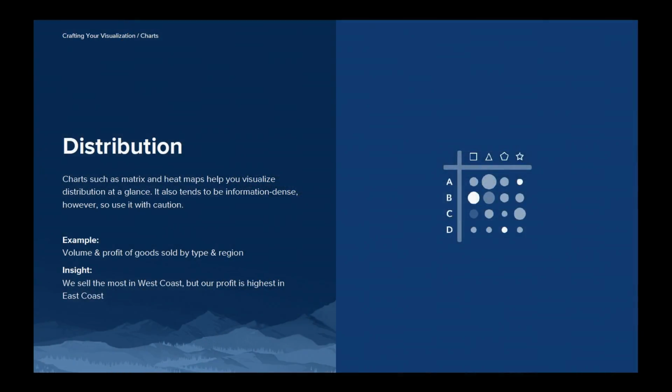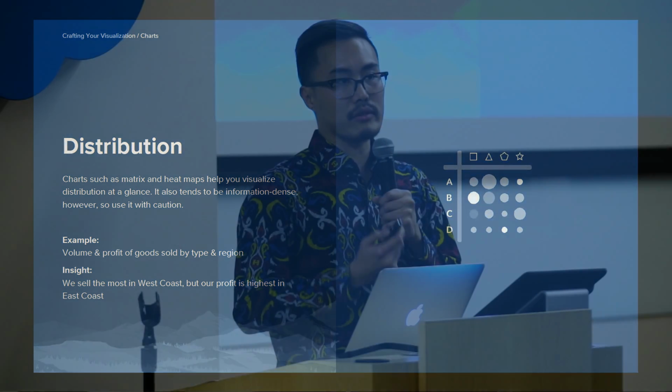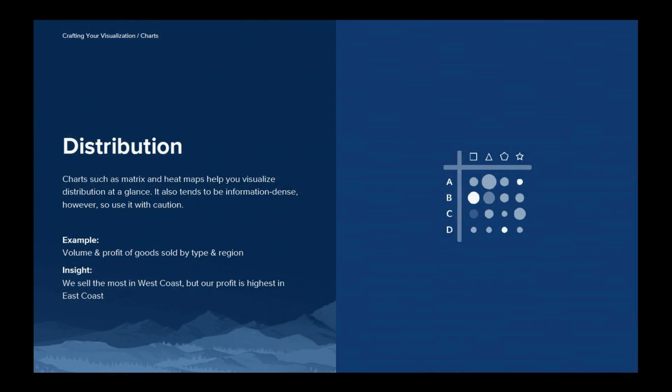More complex charts, such as the matrix chart here that you see, help you visualize distribution, but it's also very information dense, so you have to use it with caution. The example here is a little bit abstract, but if you can imagine the column as a region and the rows as types of goods being sold, the size of the circle as volume sold, and the color saturation as profit.